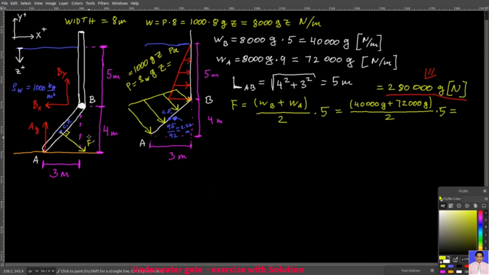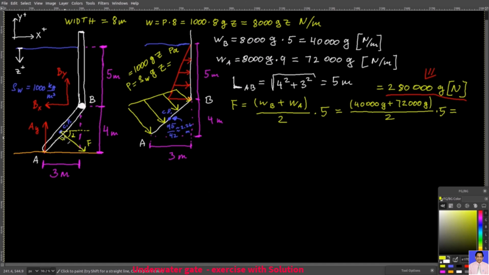And now what we need to do is decompose this force. So let's say that I have an angle here, alpha, and we need to find this angle alpha in order to decompose this force into its rectangular coordinates.